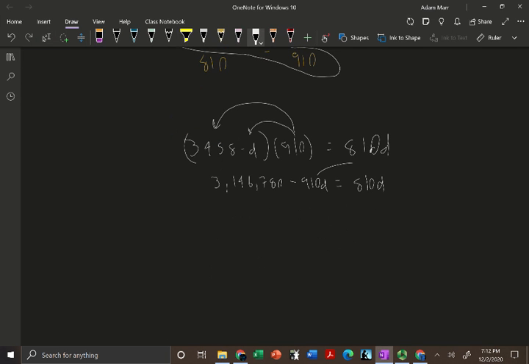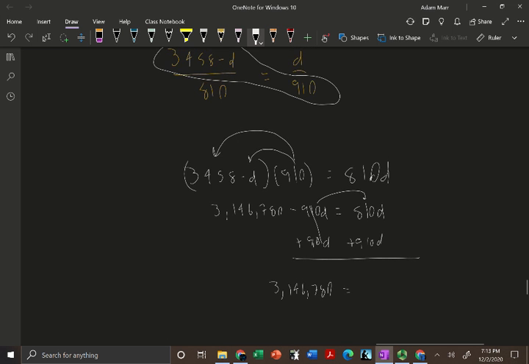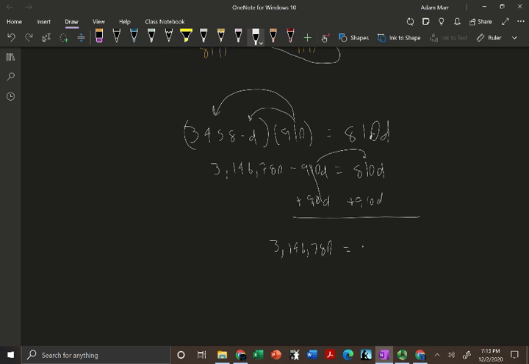We'll bring this over, 910D on both sides. So we have 3,146,780 equals, this is going to be 1,720, and don't forget the D. Now we're going to solve for D right here.